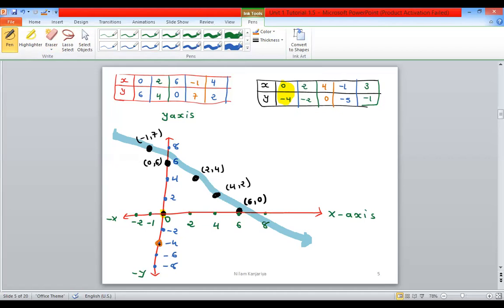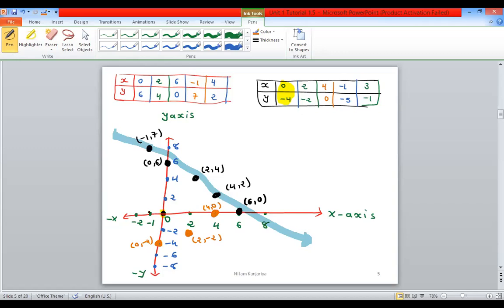So this is your point. Next, x is 2, y minus 2. It may be here. And join all remaining points. X is 4, y is 0. This is x is 4, y 0.